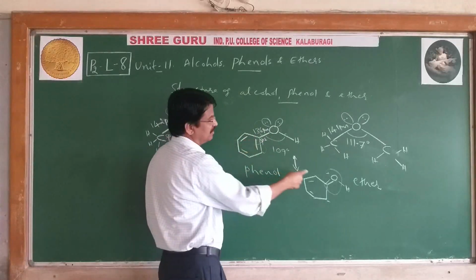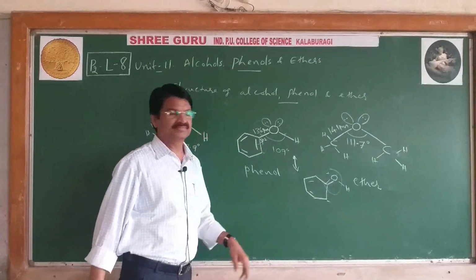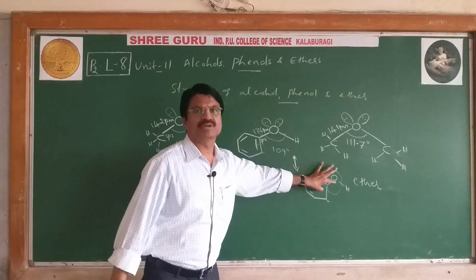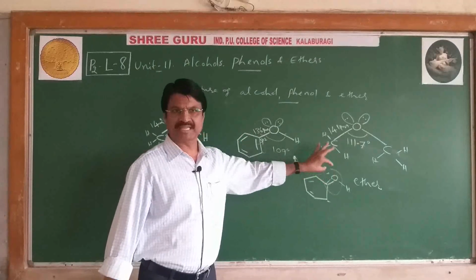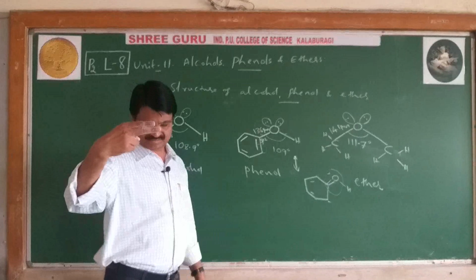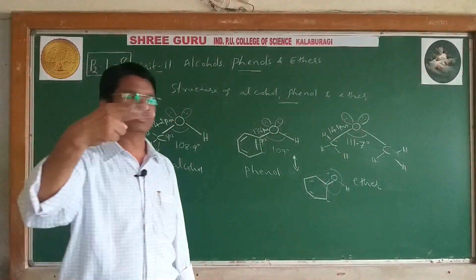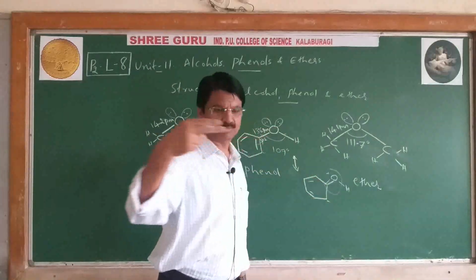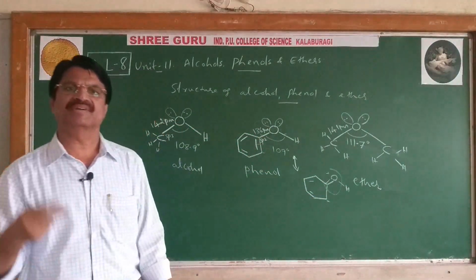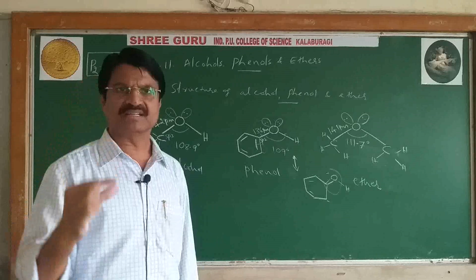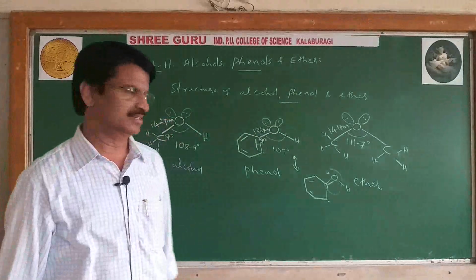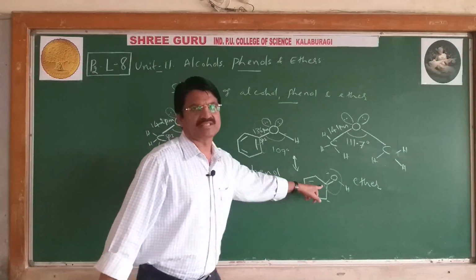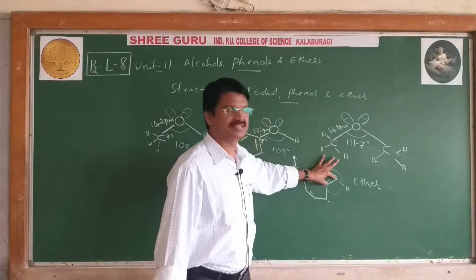Due to resonance, the carbon oxygen bond has a partial double bond character. If it is double bonded or triple bonded, bond length decreases, meaning force of attraction increases. Therefore, in case of phenol, bond length is less.